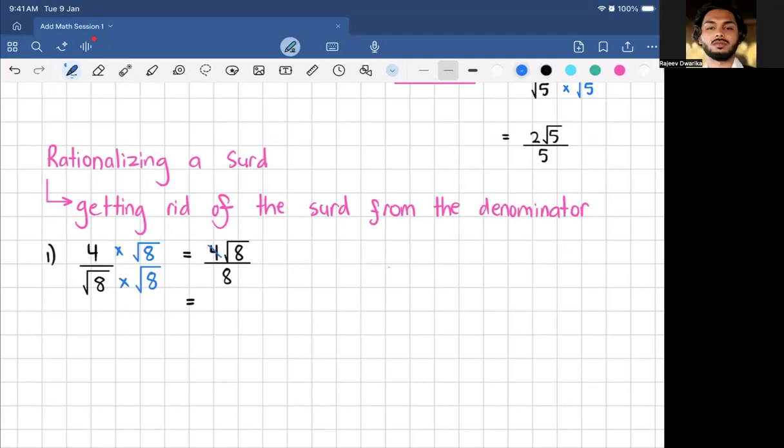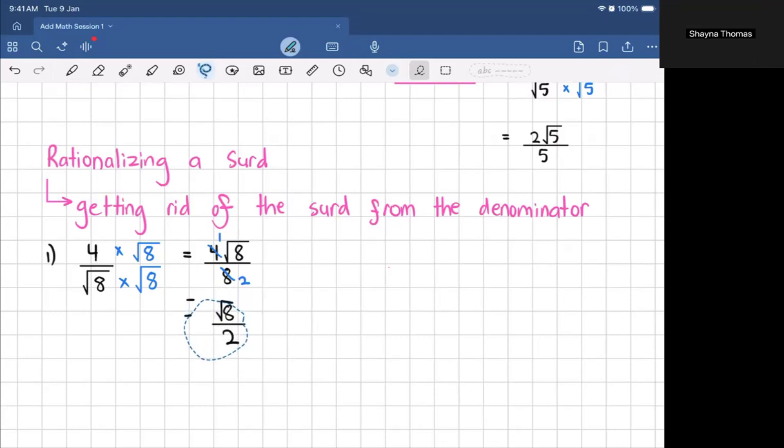So 4 into 4 is 1, and 4 into 8 is 2, so it is 1 by root 8, just root 8, and in the denominator you just have 2. So my final answer is root 8 over 2. Okay, cool.